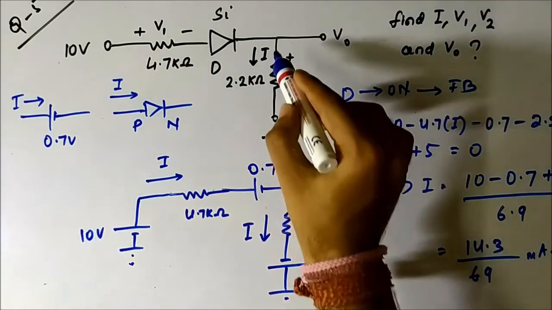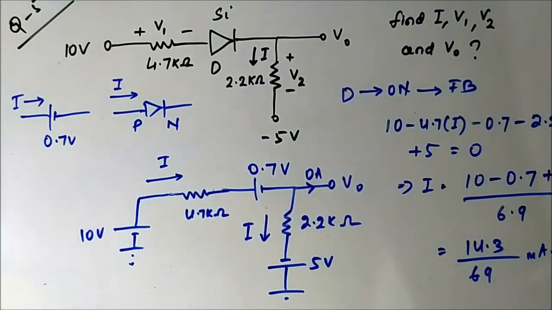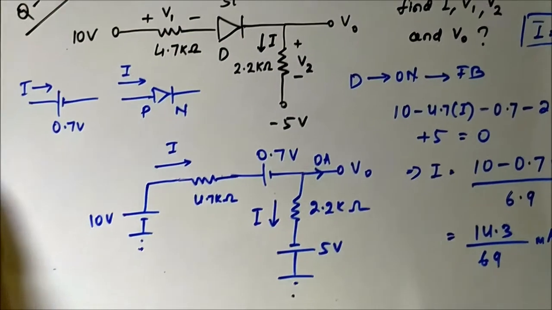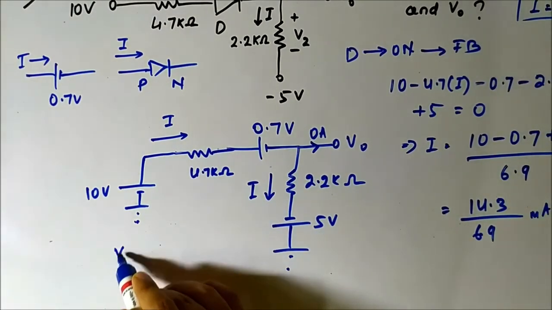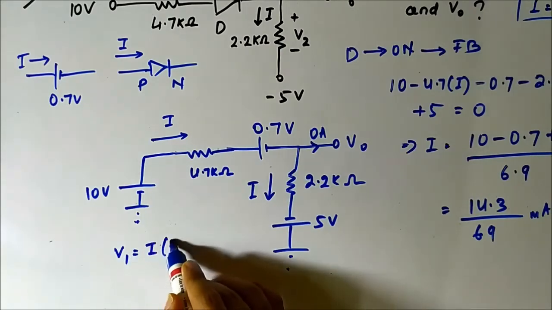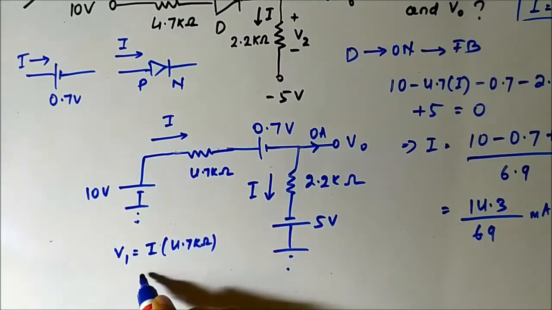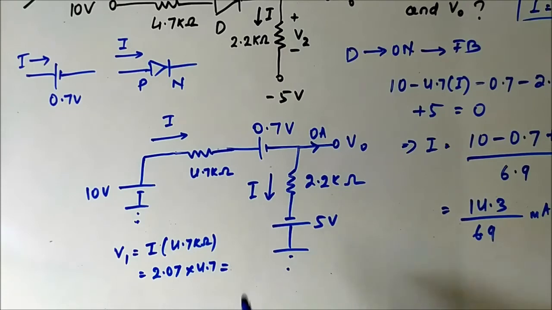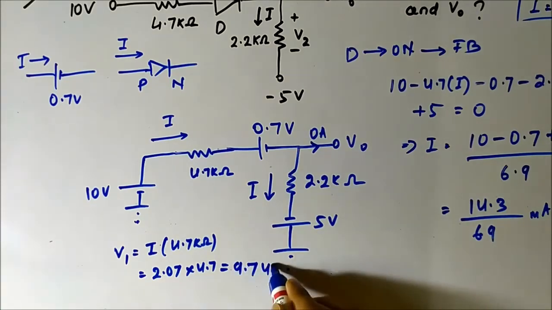Now it has been asked to find the current I, which we got here, 2.07 milliampere. Next, it has been asked to find V1, the voltage drop across 4.7 kilo ohm. So V1 is I into 4.7 kilo ohm, equal to 2.07 milliampere into 4.7 kilo ohm, which is coming around 9.74 volt.